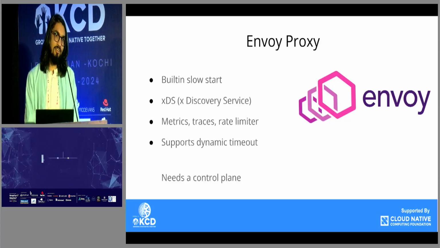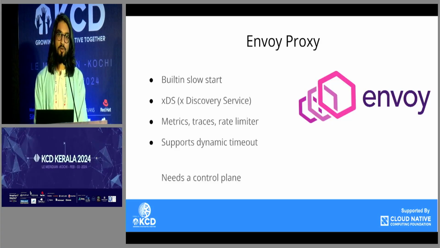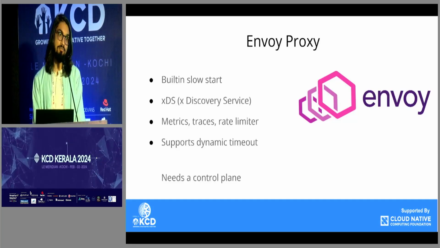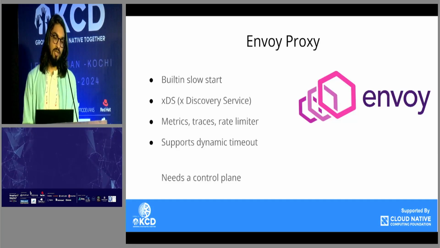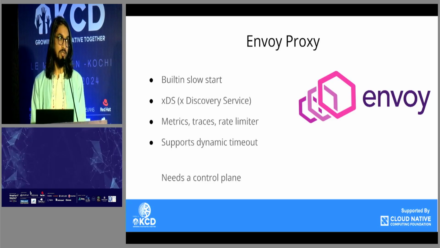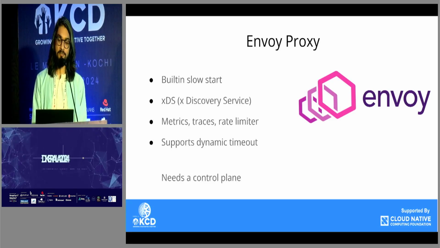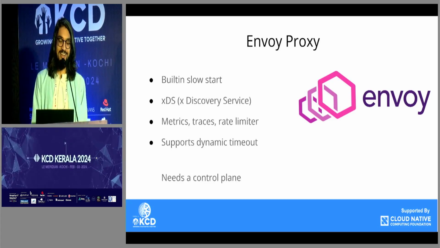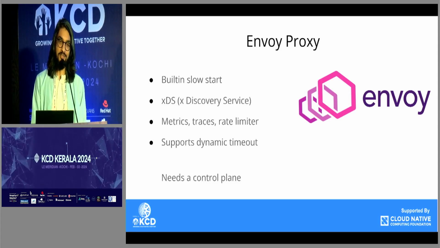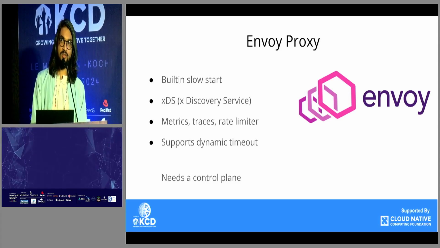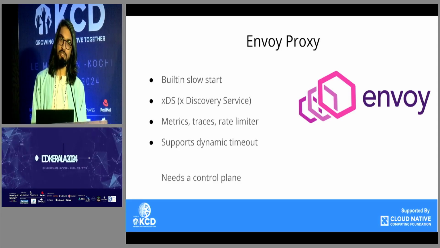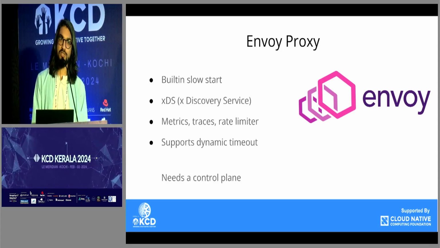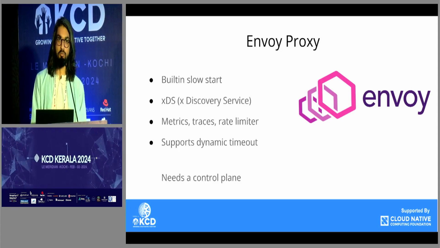Then again, we did some research and found out that Envoy was getting a lot of attention. We researched why it was getting so much attention. NGINX was built at a time when cloud was not that mature, and we are still using that technology, and it works for most of us.